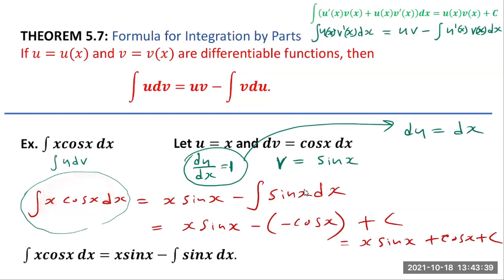It's all about identifying your u and dv appropriately. You need to identify them in the right way. If you make the incorrect choice, then that will sometimes not lead to a solution. All right, let's move on.